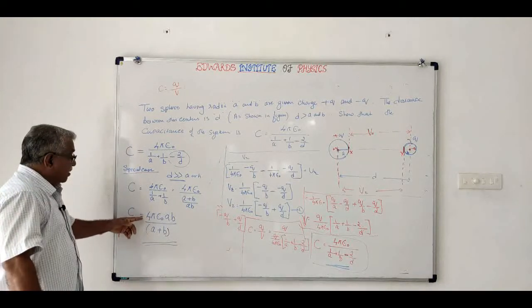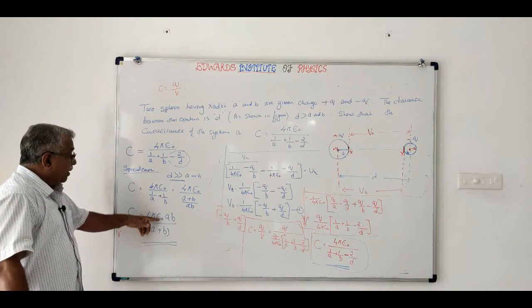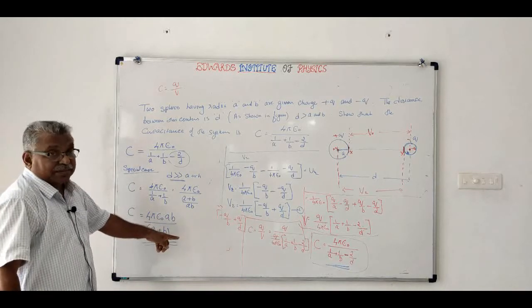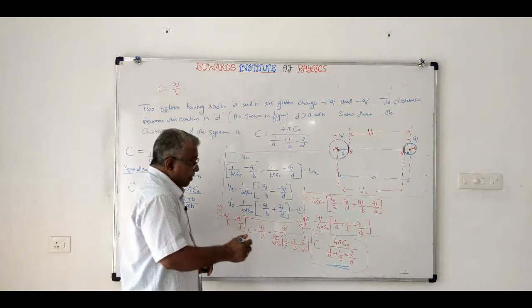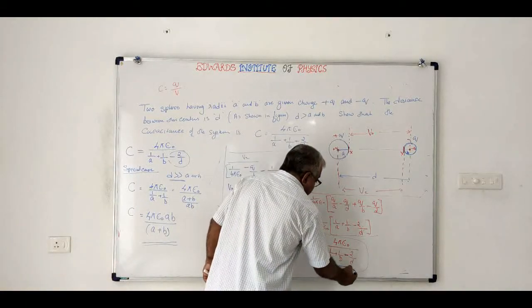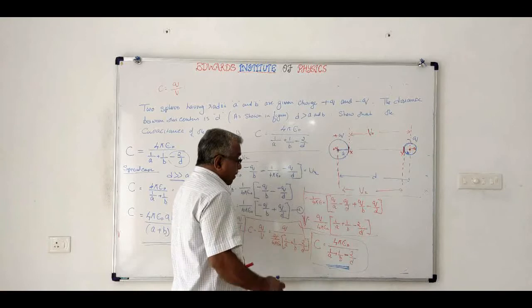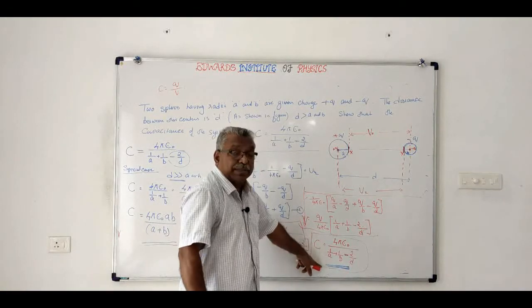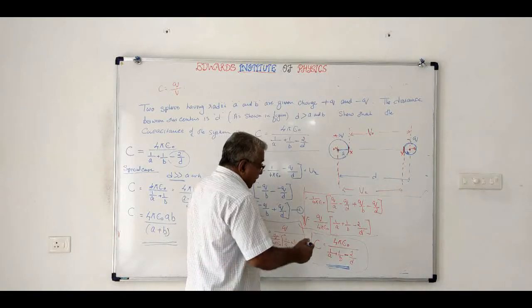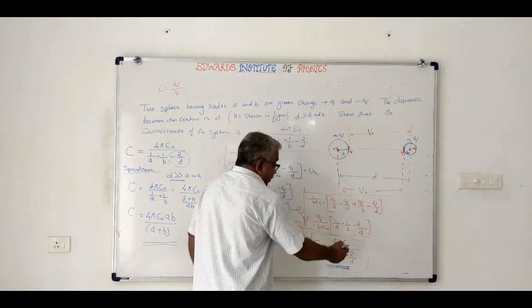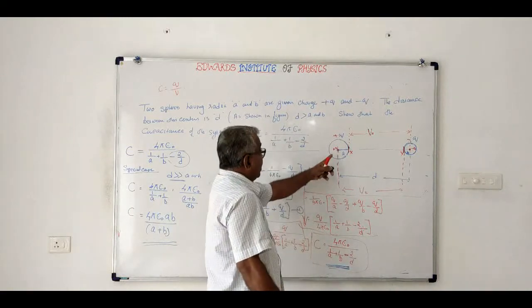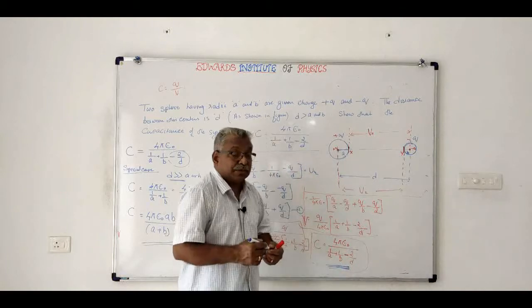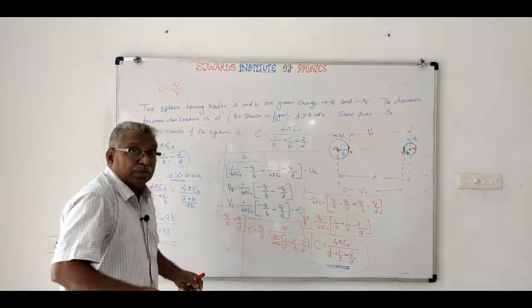Then the capacitance will be equal to 4 pi epsilon 0 ab by a plus b. This is the formula when d is large compared to a and b but not infinity, not very, very large. And here the equation may become plus. Earlier I told you that it may become plus depending on whether it is minus q here and plus q here, this will become plus 2 by d. Okay, so please note down that.